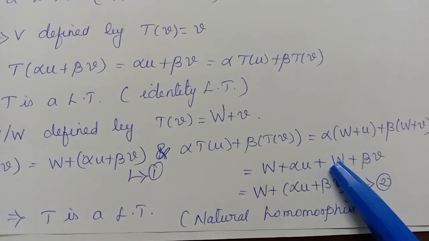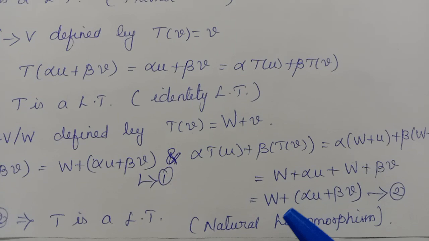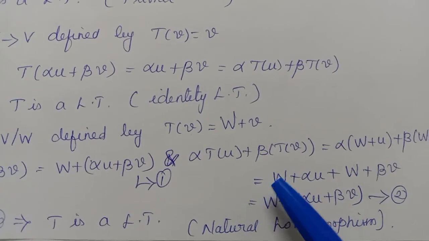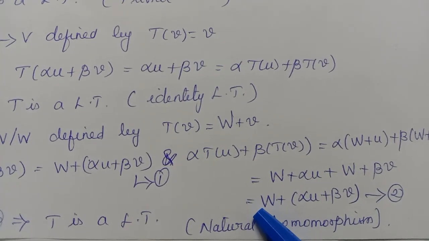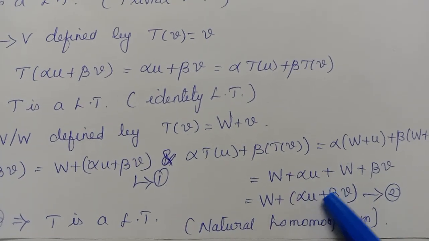W plus alpha U plus W plus beta V. But this is nothing but what? W plus W is equal to W only, because if you add elements of W with itself, you will get again the space W. Plus alpha U plus beta V. So what you get? W plus alpha U plus beta V.